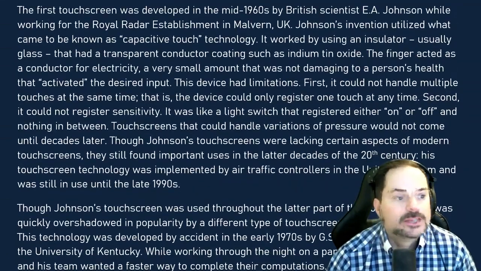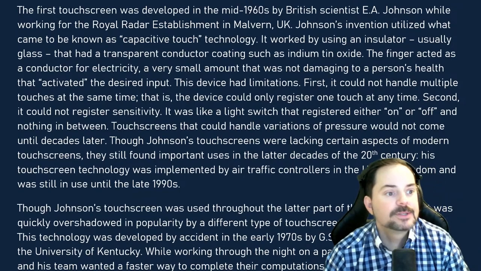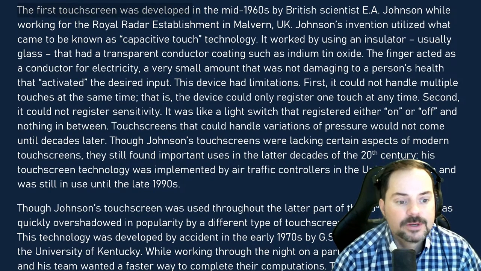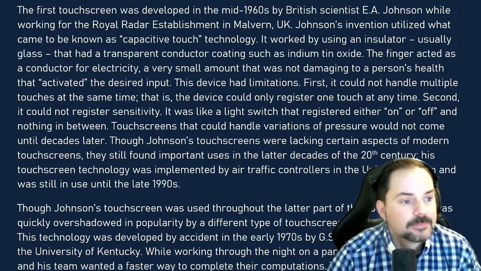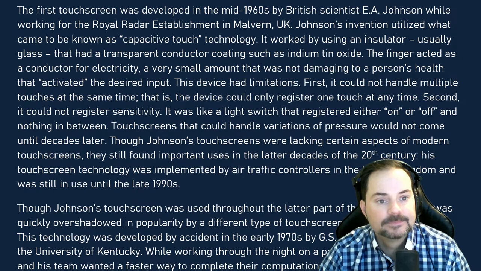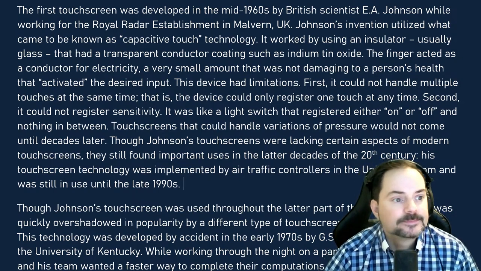So you'll see the first body paragraph come up on your screen on YouTube here in just a moment. Starting with "The first touchscreen was developed." Go ahead and read that for us, please. The first touchscreen was developed in the mid-1960s by British scientist E.A. Johnson while working for the Royal Radar Establishment in Malvern, UK.